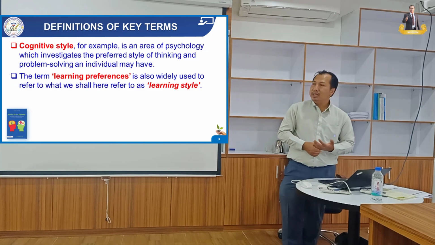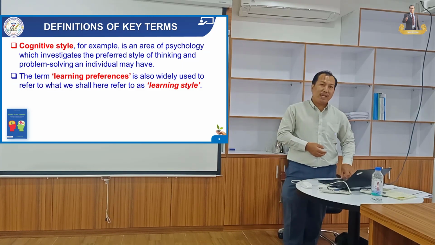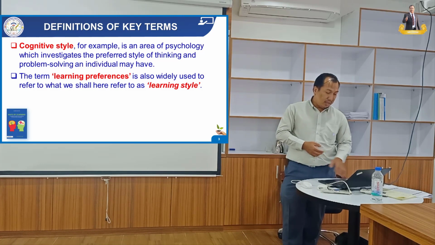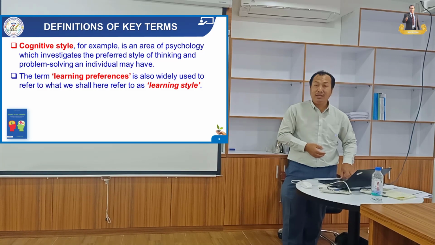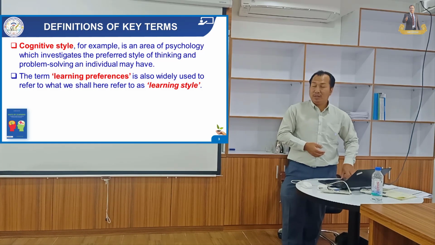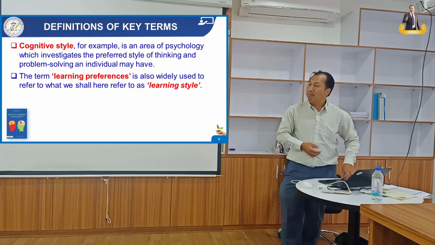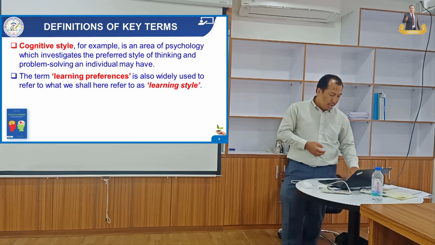So here you can see the first keyword, cognitive style. We can say it's an area of psychology which investigates the preferred style of thinking and problem solving an individual may have. So they may come up with different solutions, different thoughts or ideas.